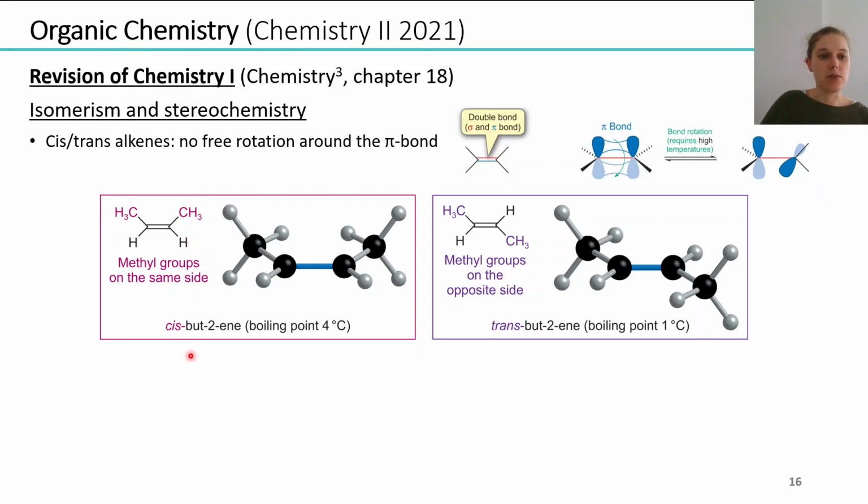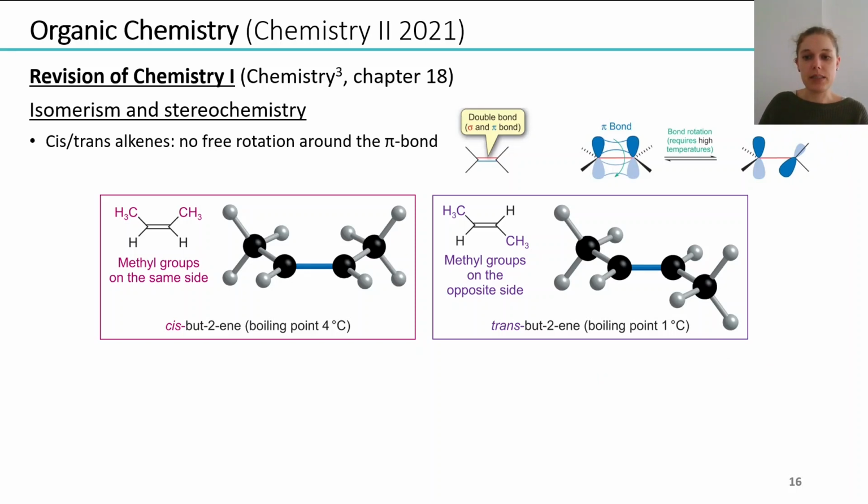Then we have the molecule which is called cis-but-2-ene, and then we could also have the two methyl groups on the opposite side of the carbon-carbon bond, and then we would have trans-but-2-ene. As you can see, the cis and the trans configuration have different boiling points, so we know that cis and trans alkenes have different physical properties. And if you want to bring one into the other, then you definitely need to break a bond.